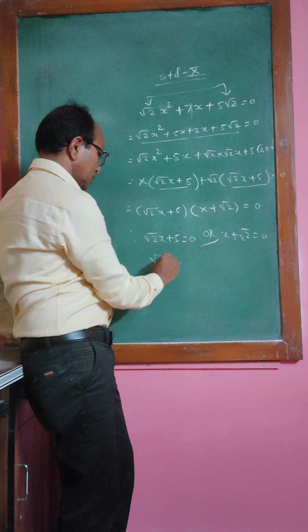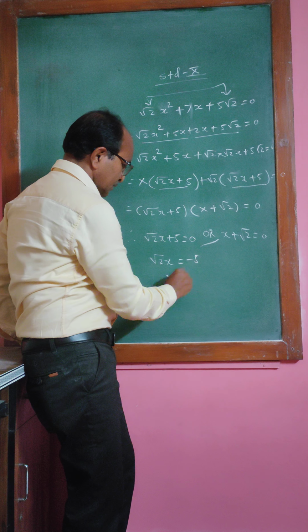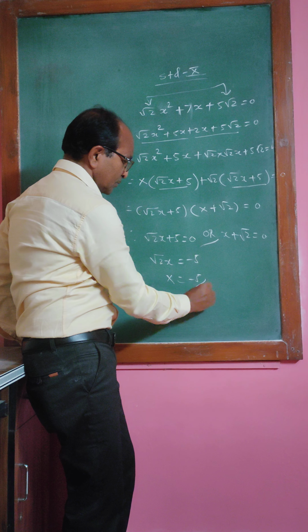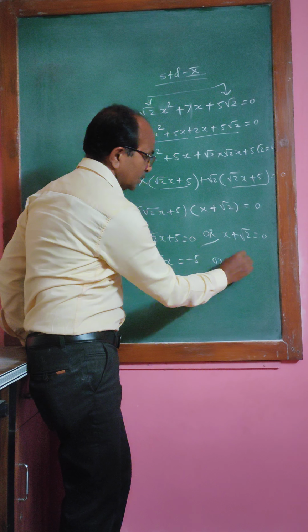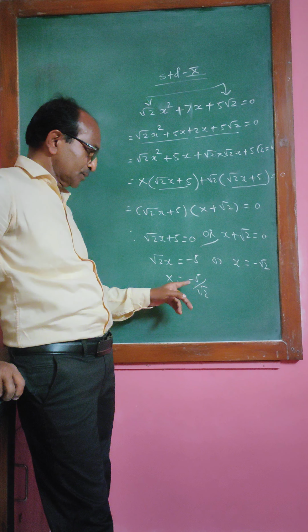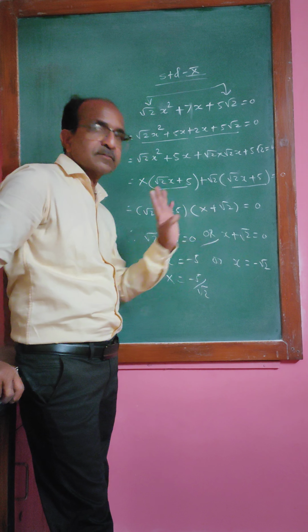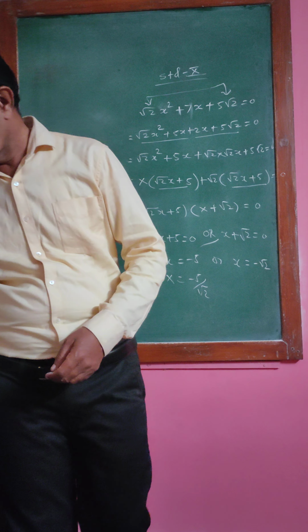Root 2 x is equal to minus 5, and therefore x is equal to minus 5 upon root 2, or x is equal to minus root 2. Hence there are two roots. One root is minus 5 upon root 2 and the second root is minus root 2.